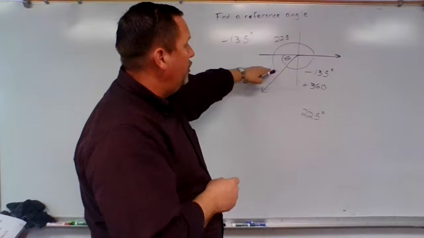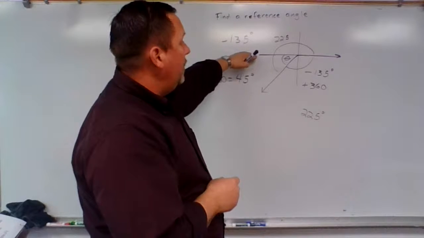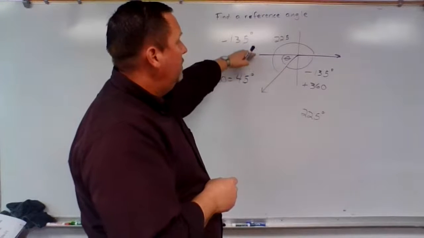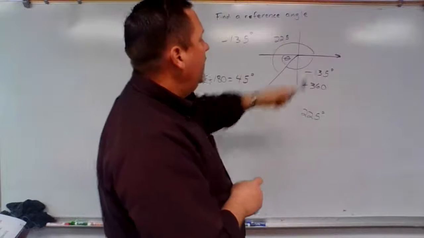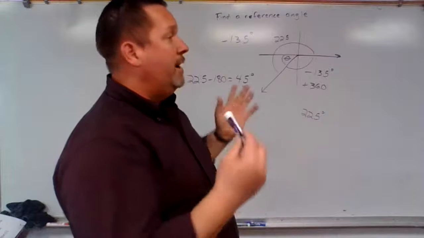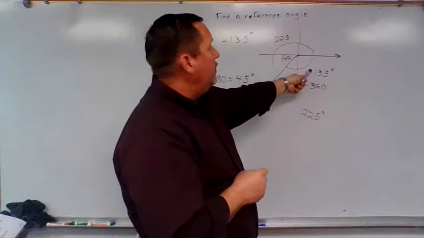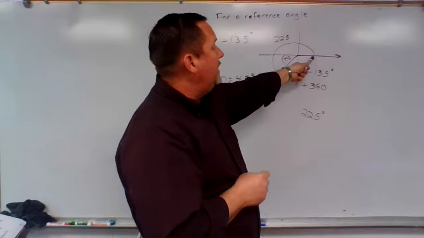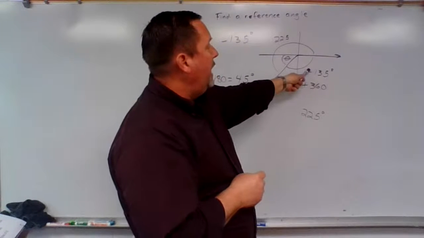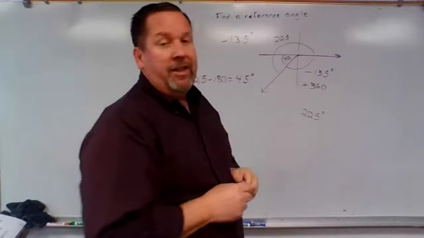If it's here in the third quadrant, we're going to do the angle minus 180 or the angle minus pi. Over here in the first quadrant, no worries. The reference angle just is whatever the angle is. If it's in the fourth quadrant, we do 360 degrees minus my angle, or 2 pi radians minus my angle to find the reference angle.